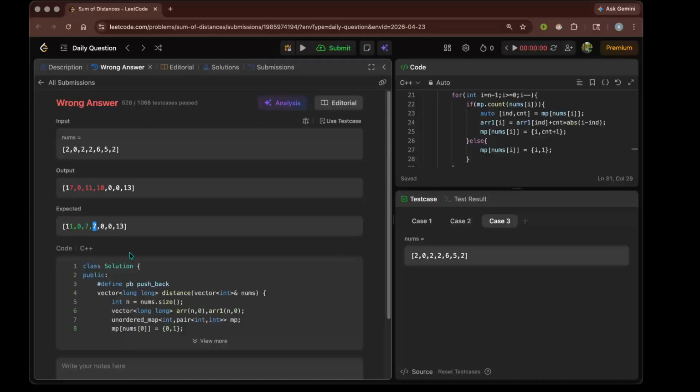Okay. From forward we got the best. Backward it should be like plus 1, something like this. I don't know actually.